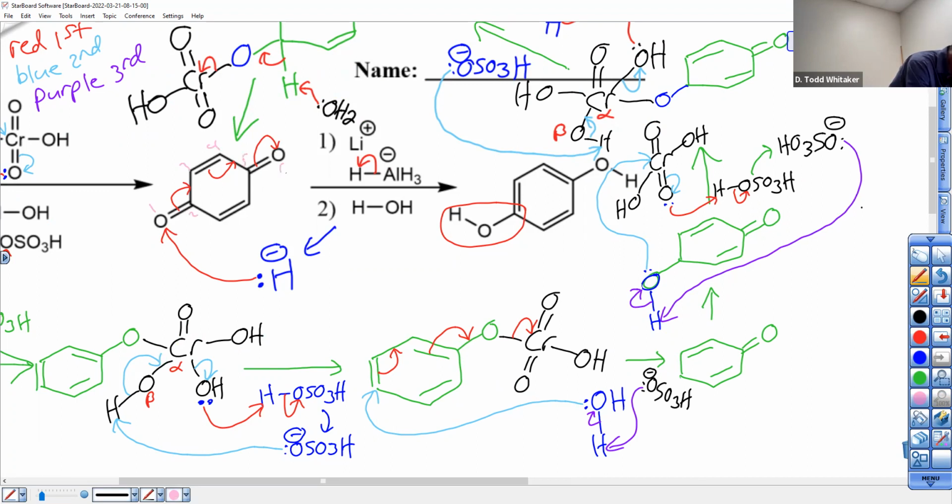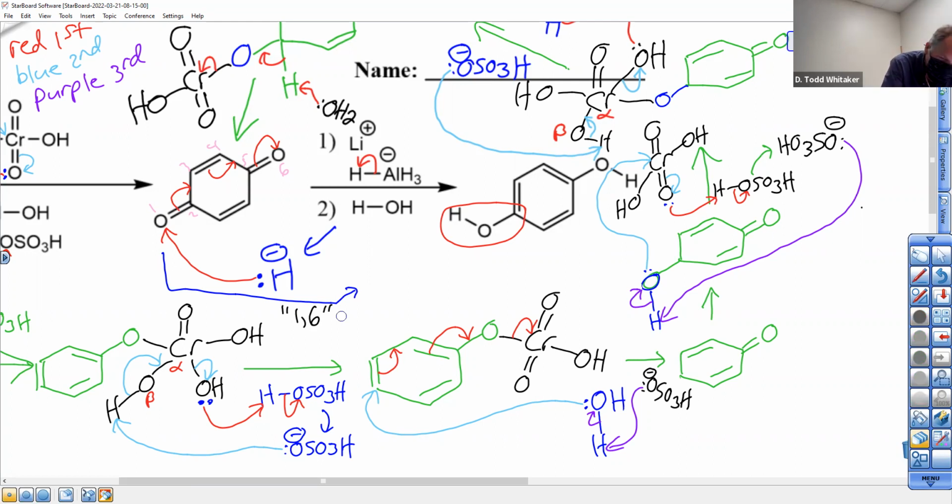Okay, it's not 1,8, it's 1,6. I lied because I can't count. It's a 1,6 addition. We even put that over the arrow here. 1,6 addition.